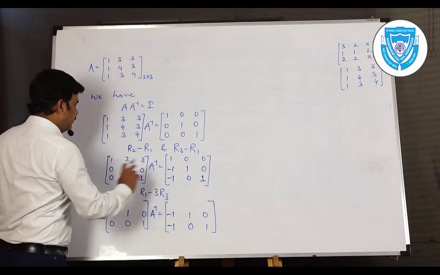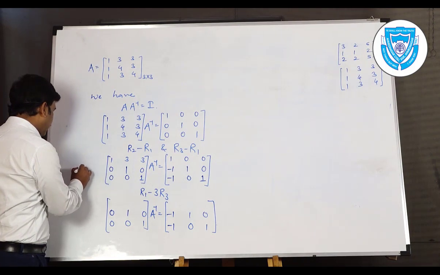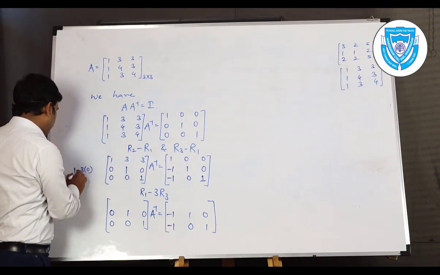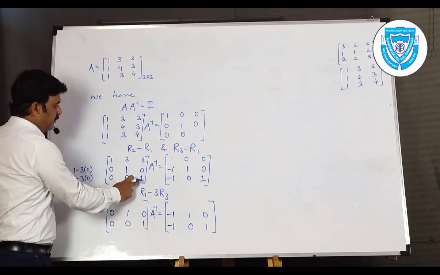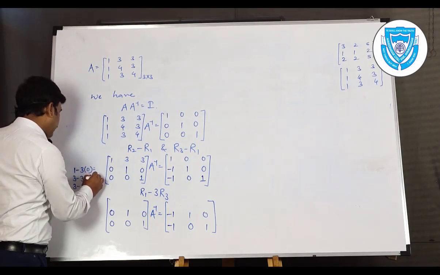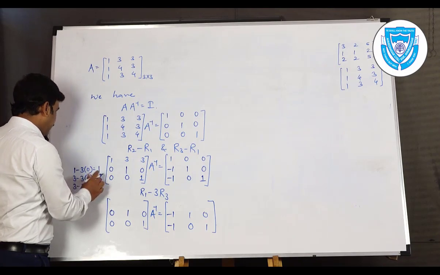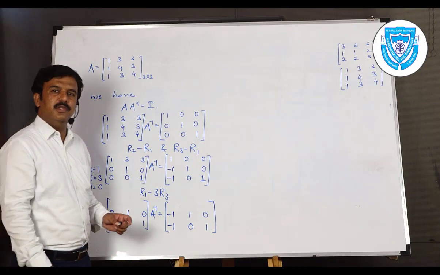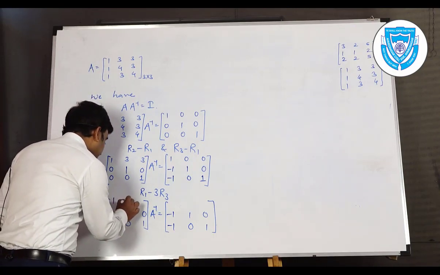Now R1 minus 3R3, that is 1 minus 3 times 0, 3 minus 3 times 0, and 3 minus 3 times 1. It means we got 1, 3 minus 0, that is 3, and 3 minus 3 is 0. The new first row is 1, 3, 0.